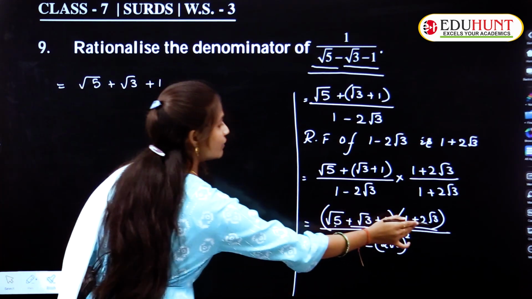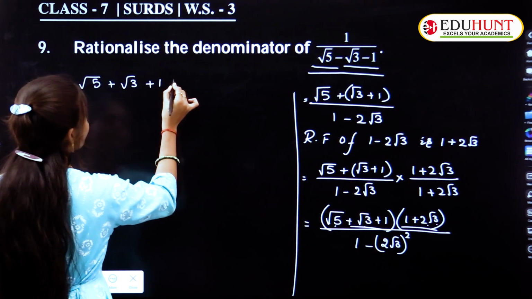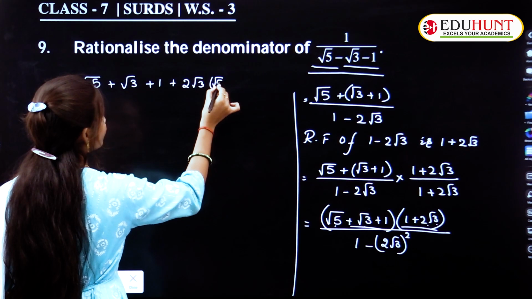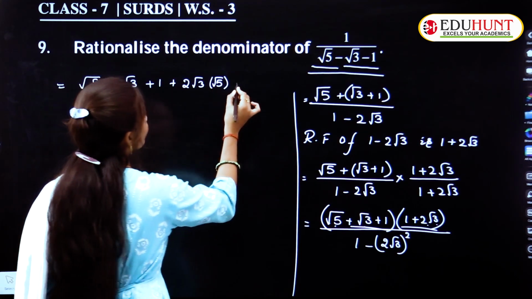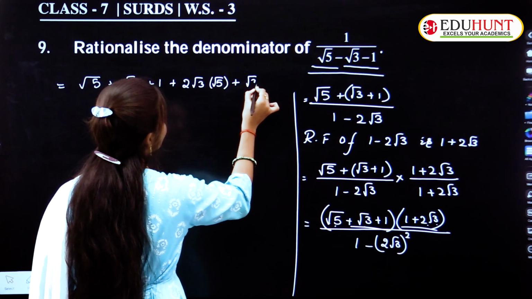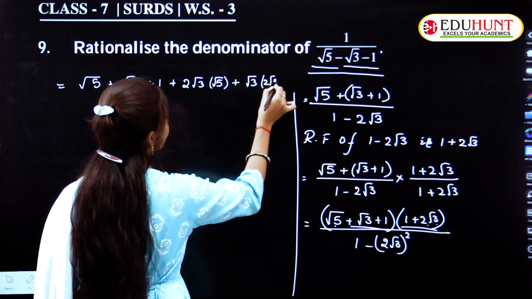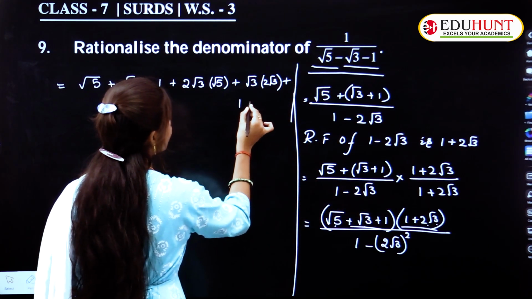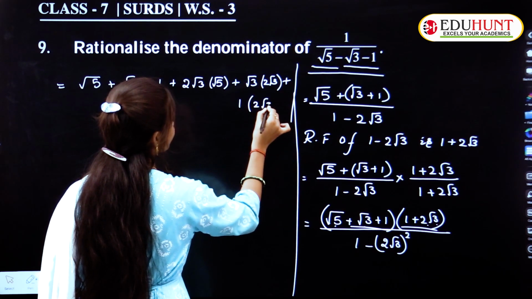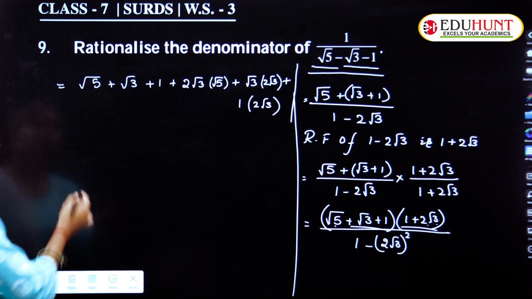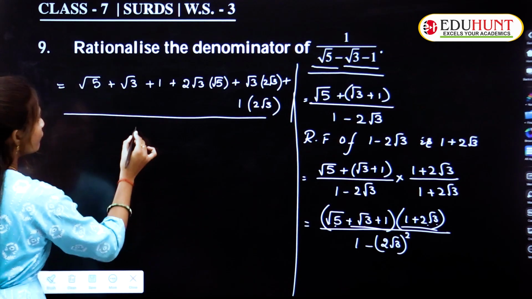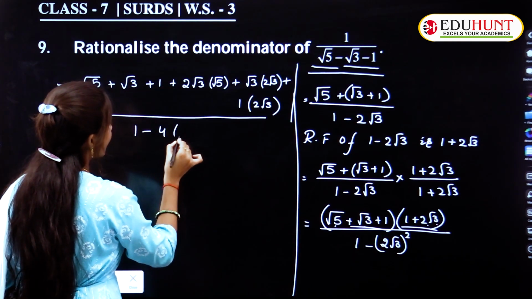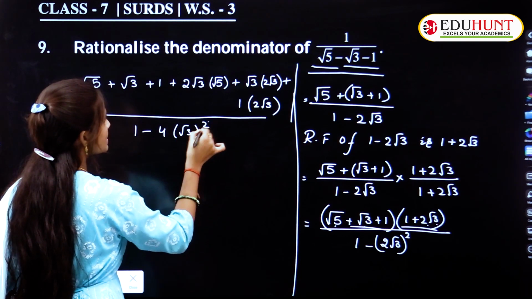Now root 5 into 2 root 3 plus 2 root 3 into root 5. Next, plus root 3 into 2 root 3 plus 1 into 2 root 3. Okay, whole by, here 1 minus, here 2 square is 4 and root 3 whole square means square and root gets cancelled.